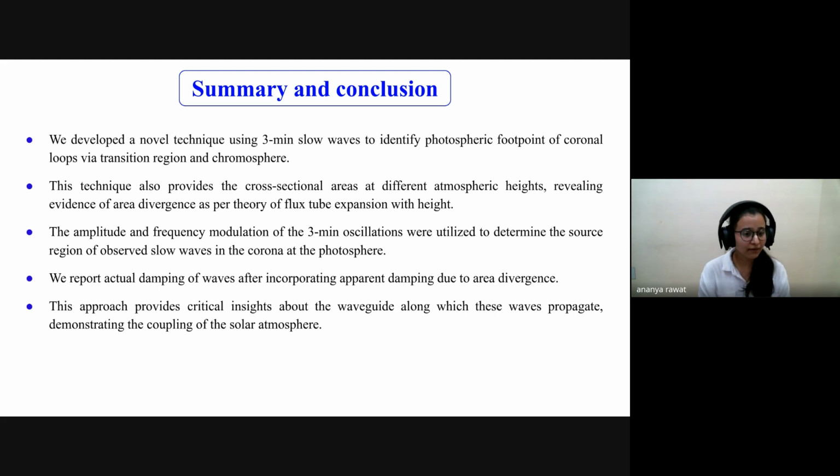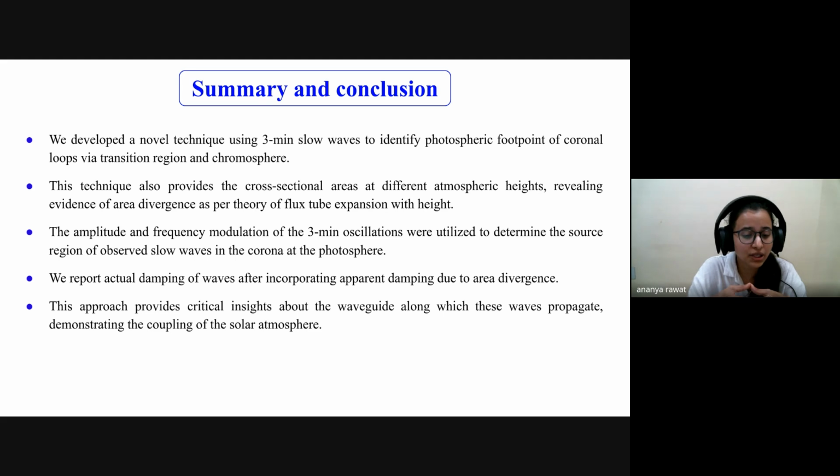In our work, we have established the coupling of the solar atmosphere, which plays a very important role in understanding the coronal heating problem, or as we now call it, the atmospheric heating problem, because not only is the corona at a higher temperature compared to the photosphere, but the chromosphere is also at a high temperature compared to the photosphere. So this is basically an atmospheric heating problem.